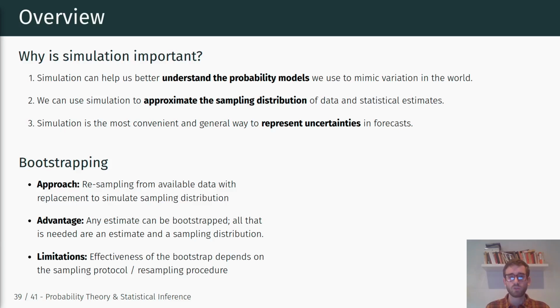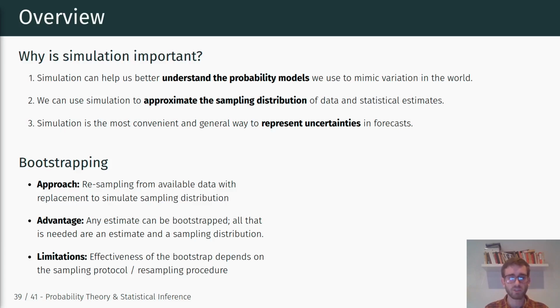One way to generate uncertainty or to approximate the sampling distribution around that point estimate is to simply resample from your available data, and for each resampled data set, construct the same point estimate, and then look at the distribution of point estimates across bootstrapped samples, right? So that's a very general, very versatile approach that can be extremely useful.